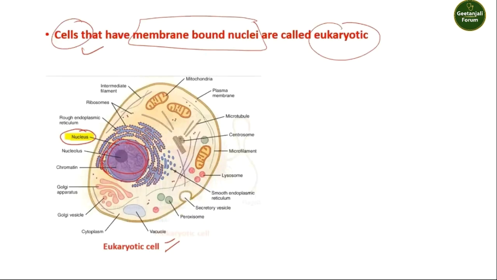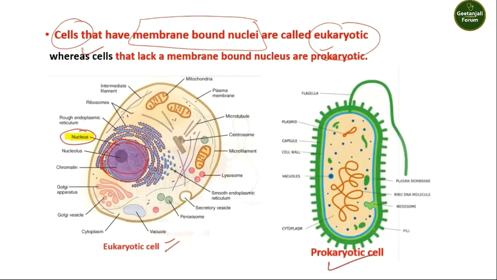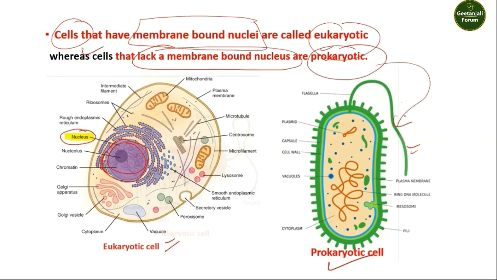In contrast, the prokaryotic cell lacks a membrane-bound nucleus. Look at this. You will not find a nucleus in it. Since it does not have a nucleus, there is no nuclear membrane as well. Therefore, prokaryotic cells don't have any nuclear membrane, while in eukaryotic cells, there is a proper nucleus present with a nuclear membrane surrounding it.